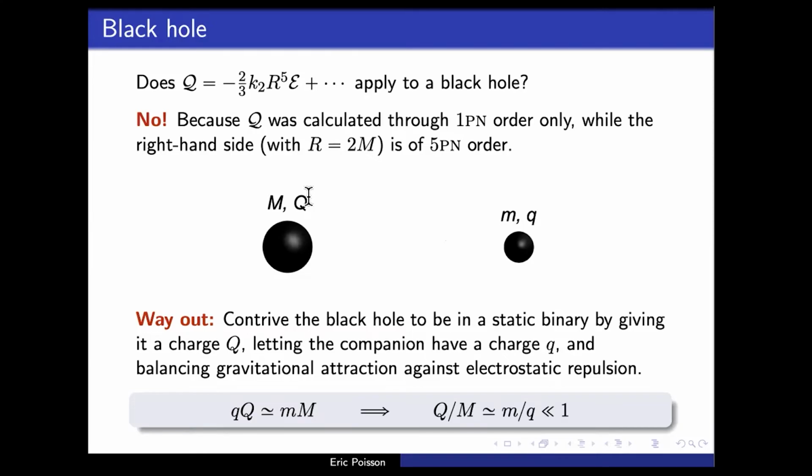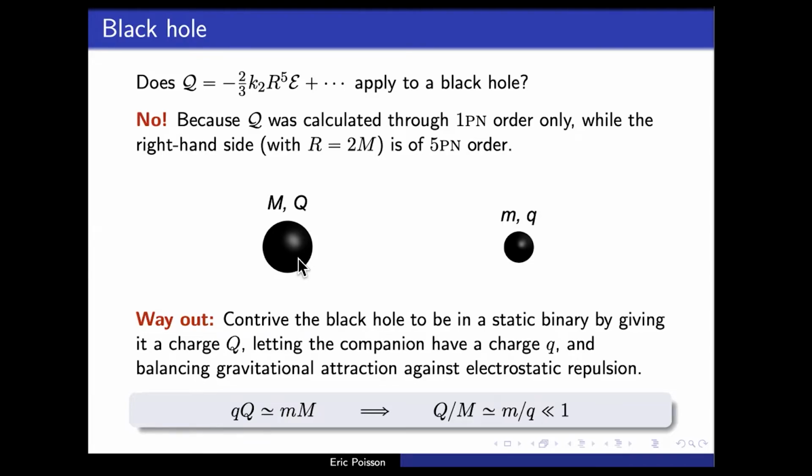So maybe the price to pay is not that high given the immense benefit of having this static spacetime. Now, on top of this, I'm going to assume that this body is really far away, and in fact that this body itself is tiny, and I'm going to calculate the gravitational field around the big body as a perturbation of Reissner-Nordström.